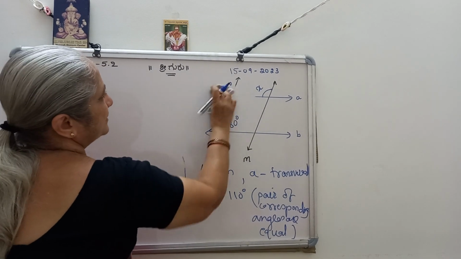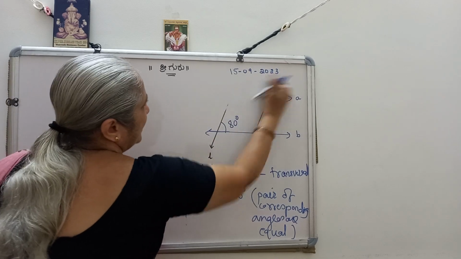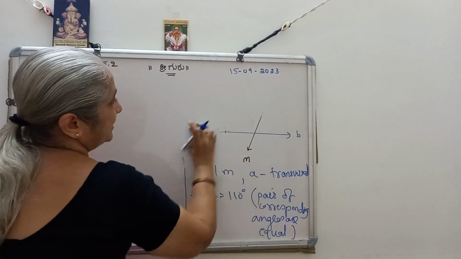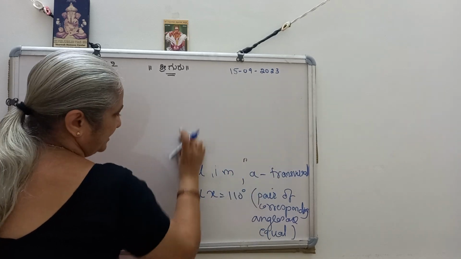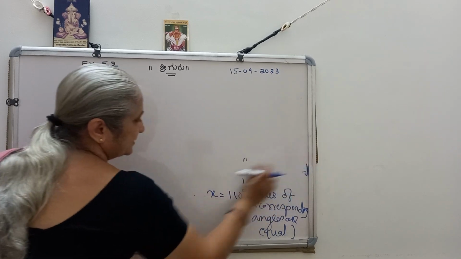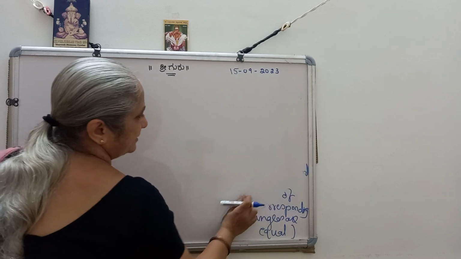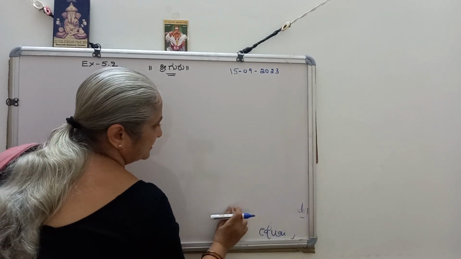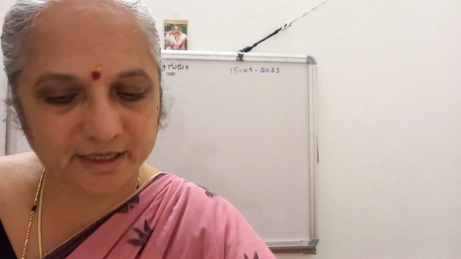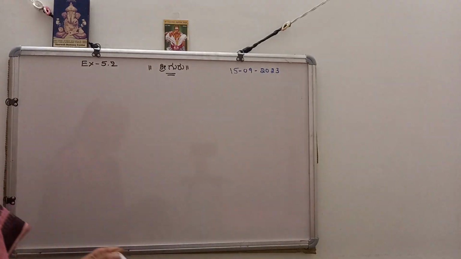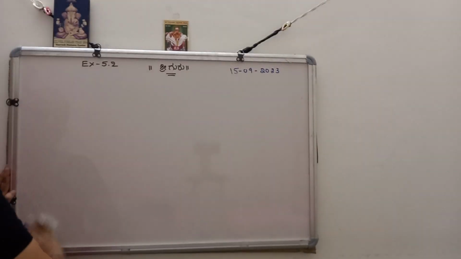What are corresponding angles? What are alternate angles? In alternate angles, there are two types. One is interior alternate angles and another pair is exterior alternate angles. You have to be perfect to recognize the angles, the lines and the transversal.